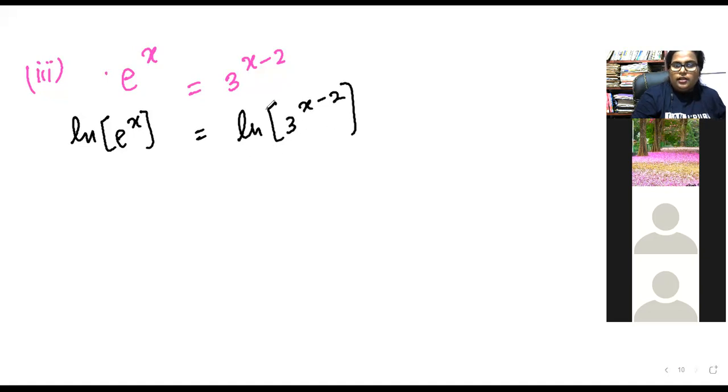There is a law in logarithms: if you have ln x to the power n, you can write this as n ln x. That means you can take this n value in front and write it as n ln x. So that's the rule that we have used in this step.